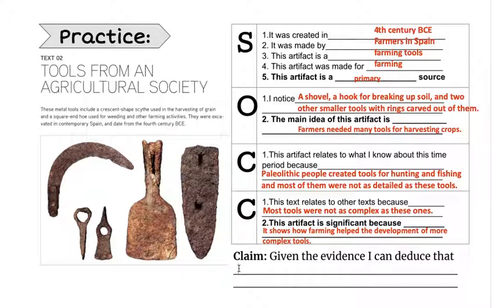So I'm going to finish my claim sentence by saying, given the evidence, I can conclude that tools made after the creation of farming. So I'm thinking about cause and effect, right? So the effect of farming. The effect of farming was that they were more complex and diverse.